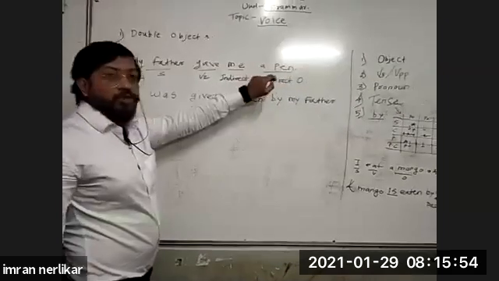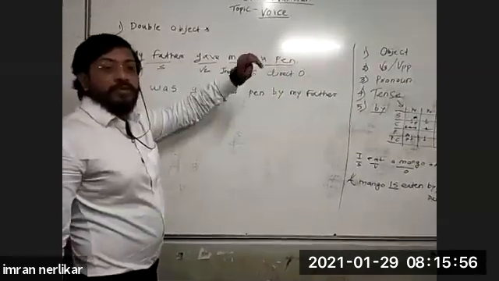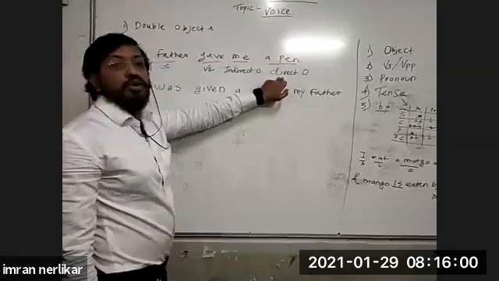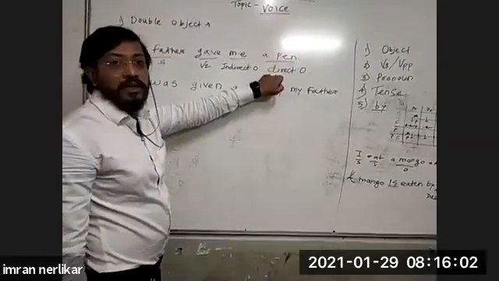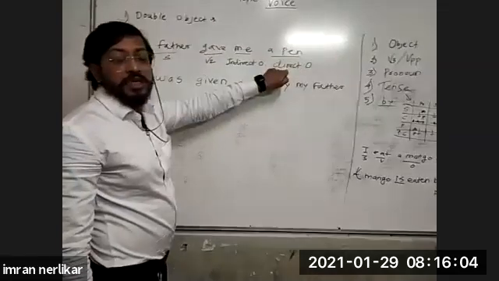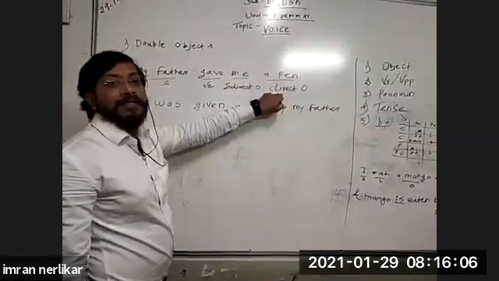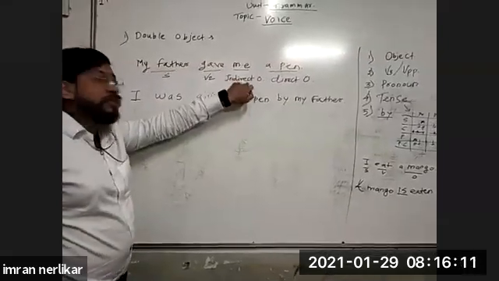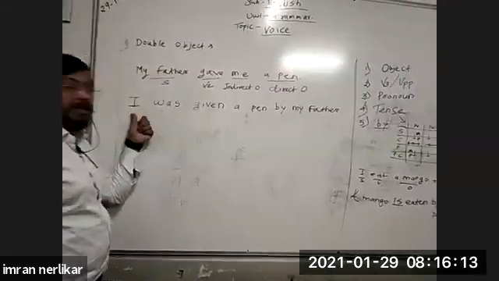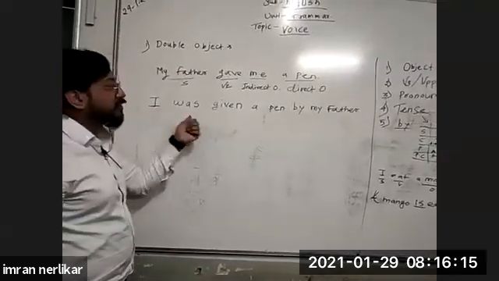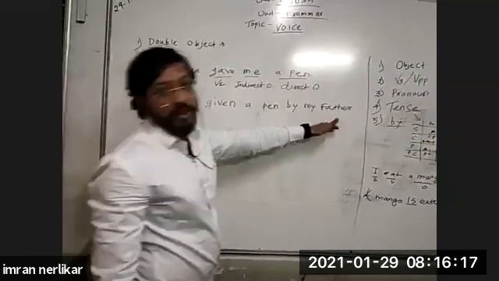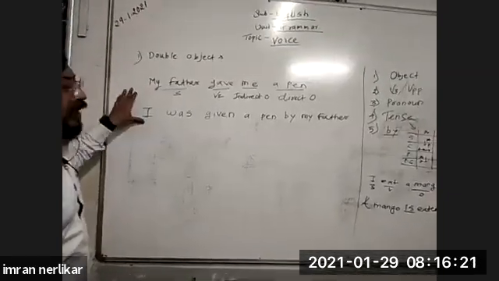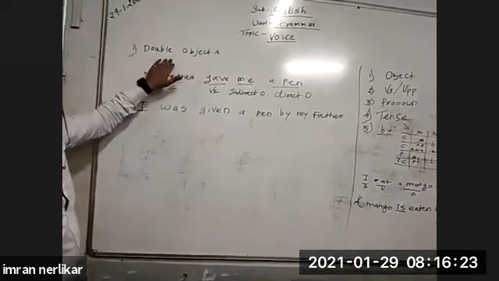When you ask what is given, the answer which you get is direct object, and when you ask to whom it is given, the answer which you get is indirect object. And according to grammatical rule, indirect object becomes subject. I was given a pen by my father. Understood all of you? So this is an example of double object.